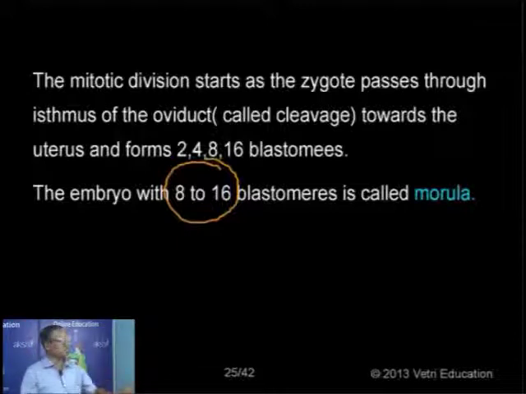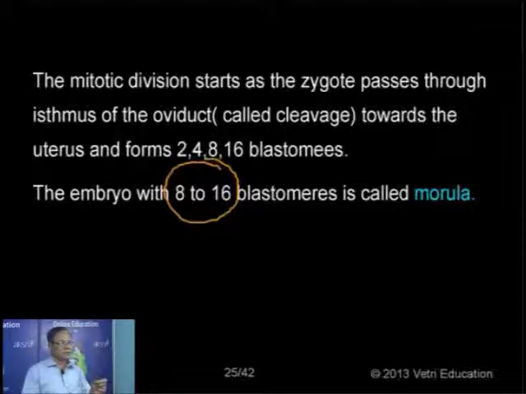Once 16 cells are formed, if you isolate one cell from the 16-celled condition, that cell gives rise to only a part, either the head or just the limbs, or the neck or eyes, etc. So the cells after the 8 cell stage switch over from totipotent to pluripotent. That means each cell is capable of giving rise to only a part of the organism.